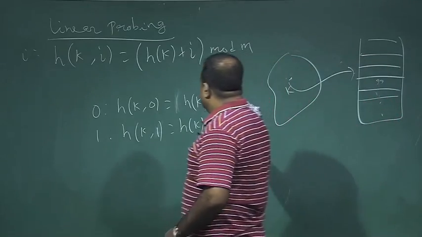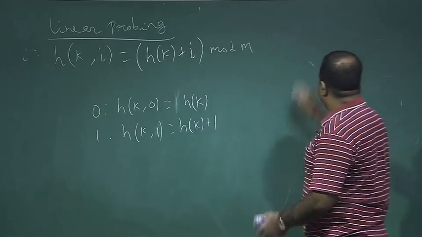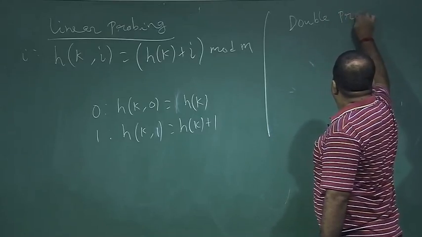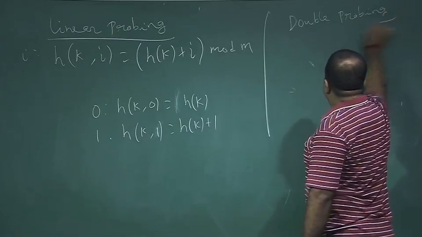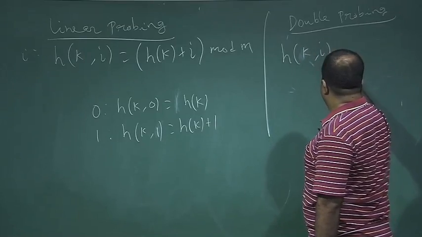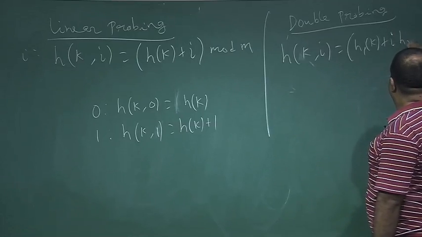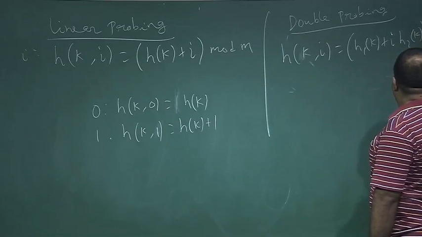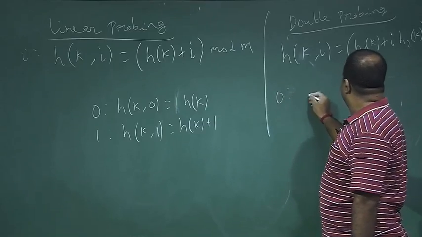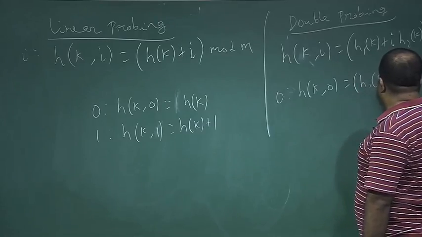To avoid this problem we will apply what is called double hashing. This is the jth probe, and we have two hash functions. For the 0th probe, we are just calculating h of k.